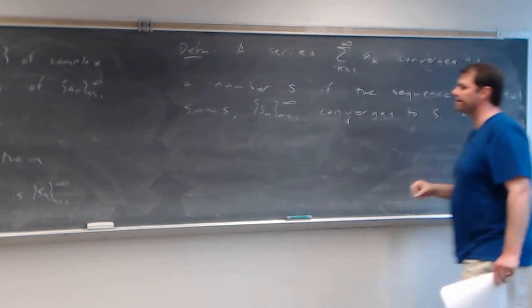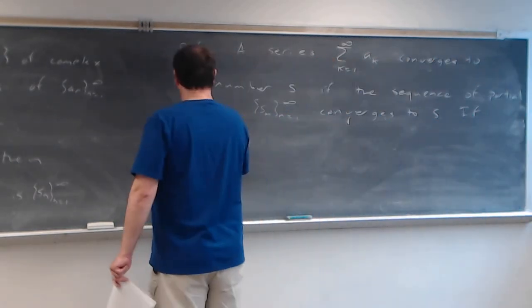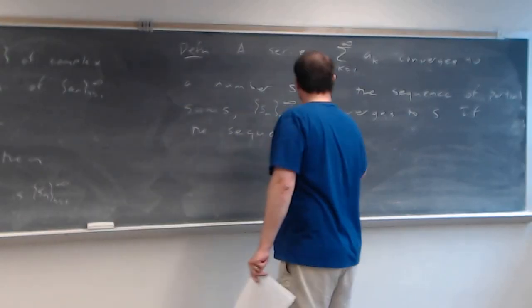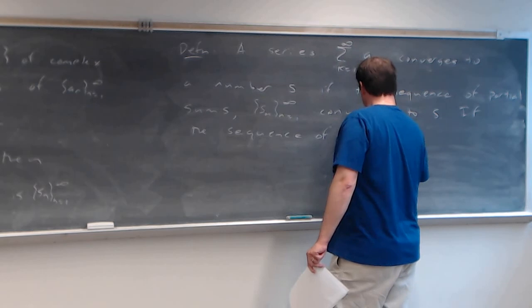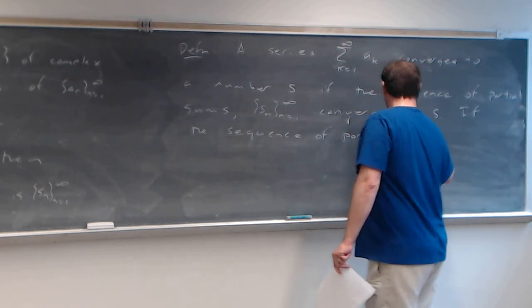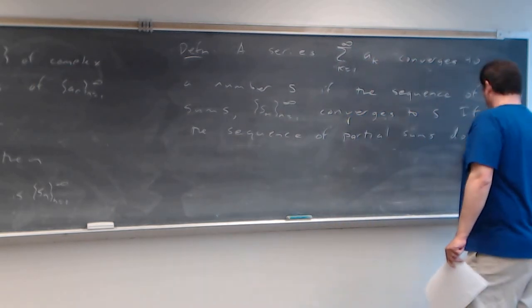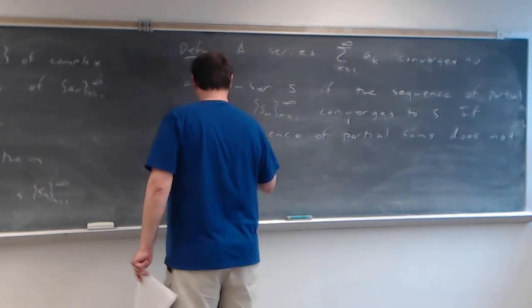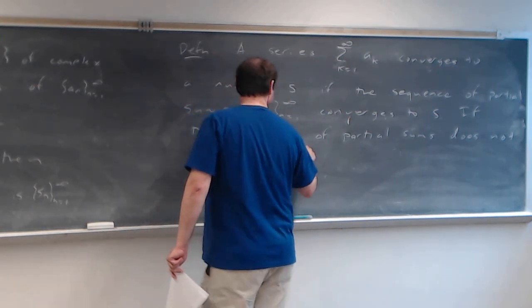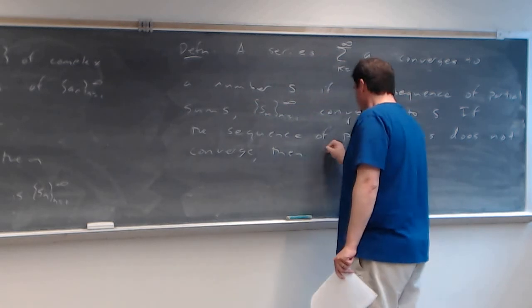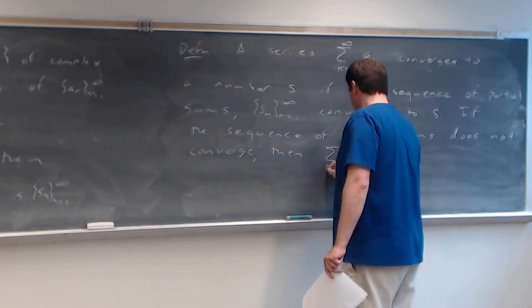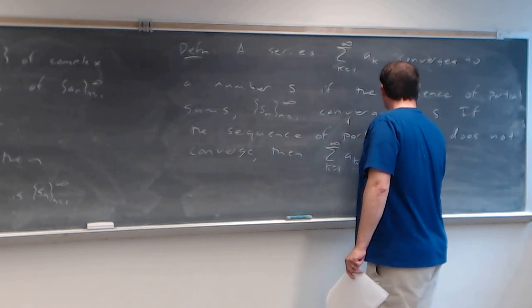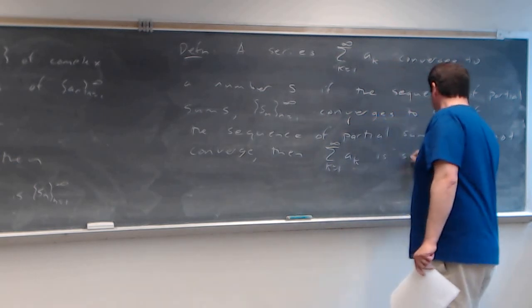If the sequence of partial sums does not converge, then the series of a sub k is said to be divergent. It's said to diverge.